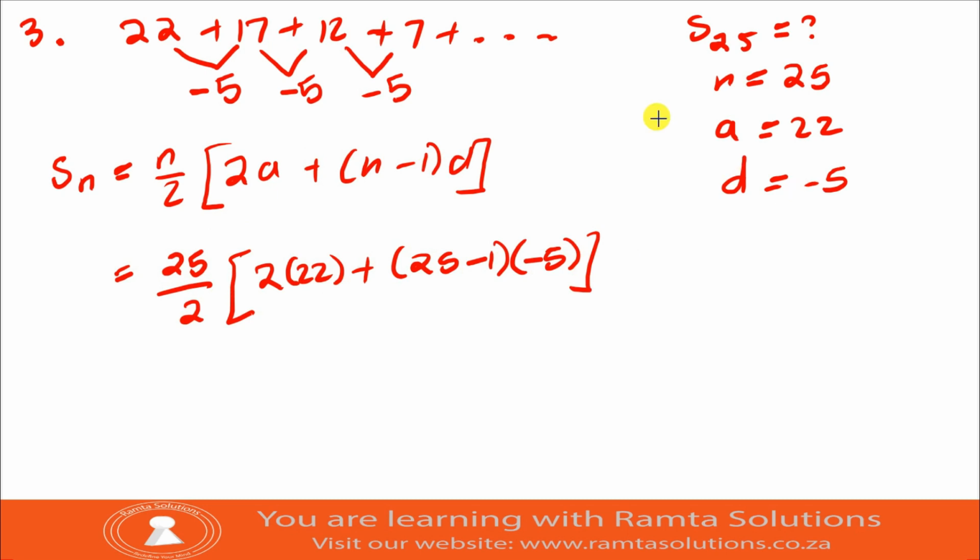So this one is 44 plus 24 times minus 5. I hope I'm doing the right thing. My calculator returns negative 950. This is the sum of the first 25 terms of this sequence.